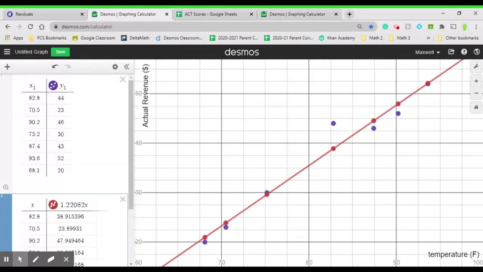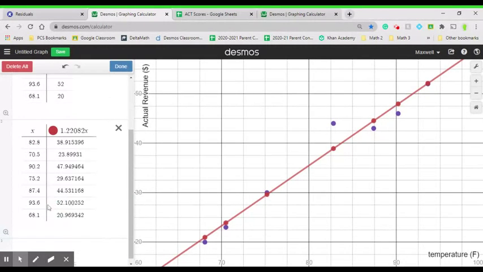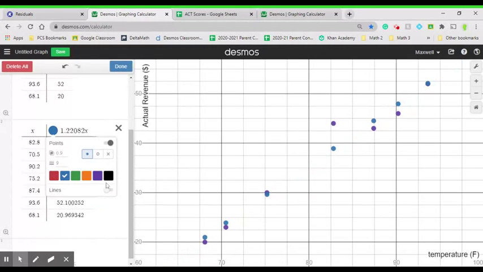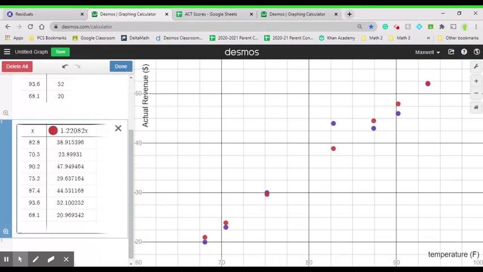All right, so now let's adjust our color here. So we want our line to be dotted. We want to maybe just get rid of our line. And we have our regression points, which are all the purple parts here.